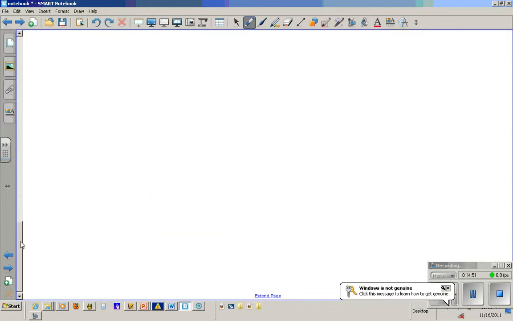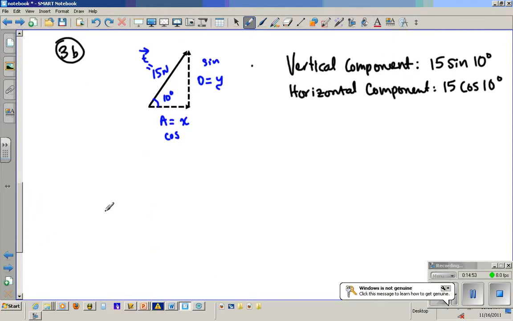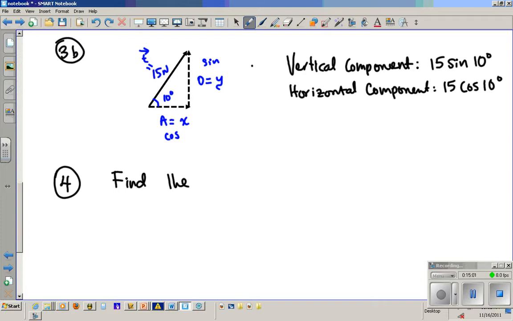Okay, now let's take a look at one last example, and that'll be that. This has to do with direction. So in this one, you need to find the magnitude and direction.